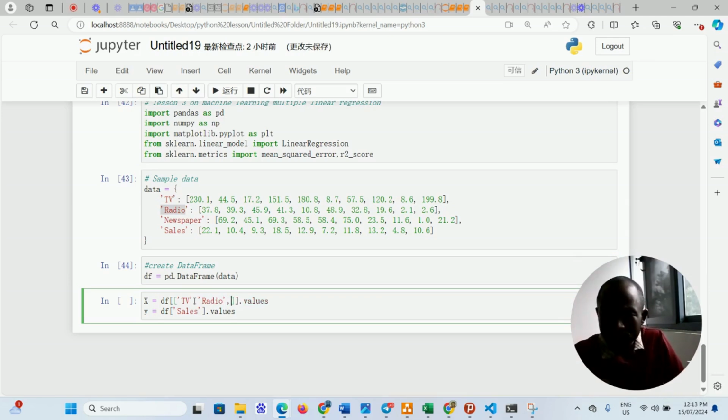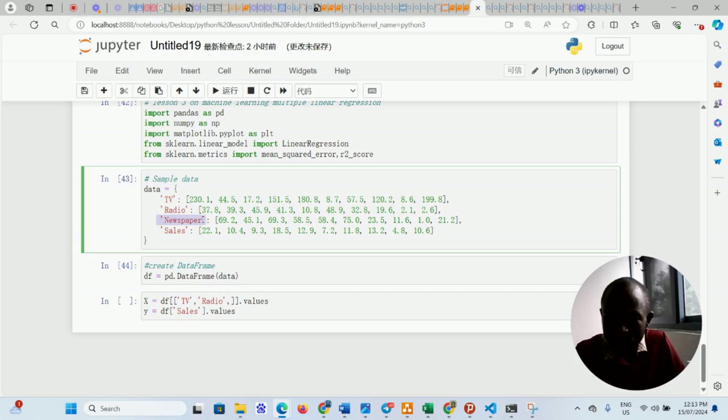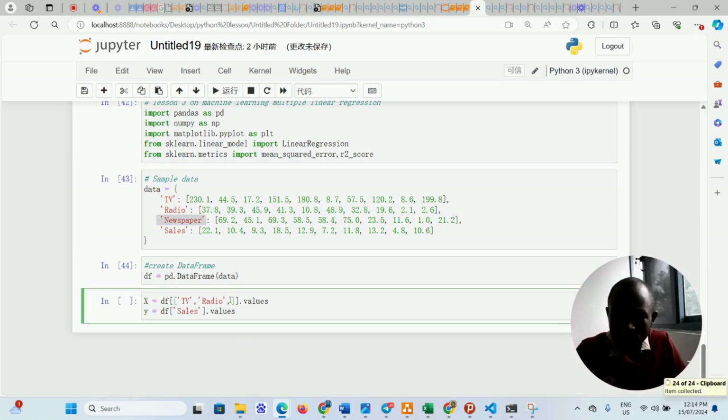Okay, then copy this also. Copy and paste. So now x is the TV advertisement, radio, and newspaper. Okay, run it.